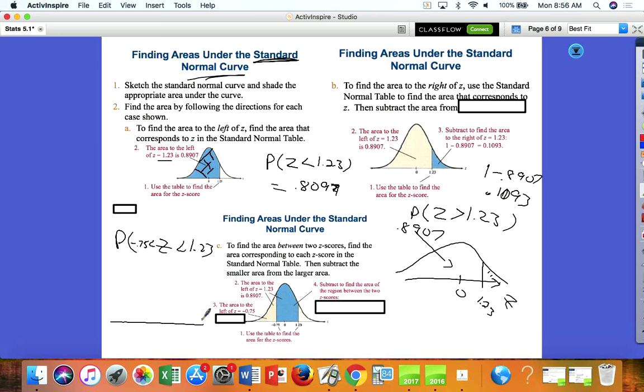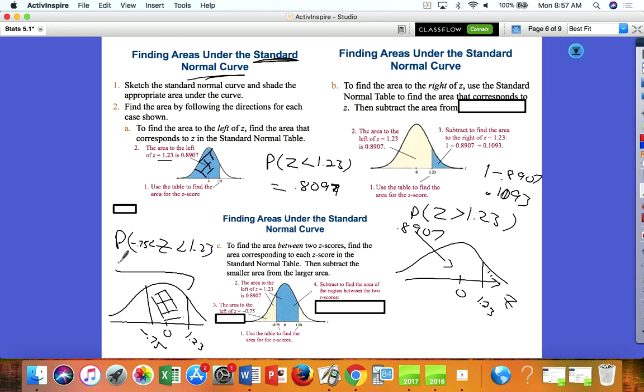So draw this picture. 1.23 is where from 0? To the right. So put a 1.23 here. Negative 0.75 would be to the left of 0, correct? And you want to find this area right here, or the probability that a z would be between that value and that value.